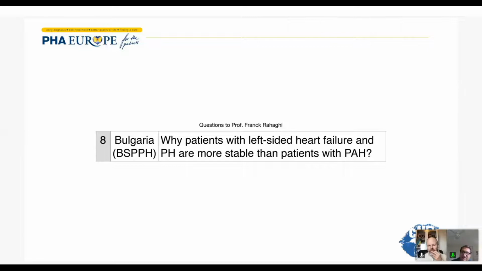Neither of these scenarios are as bad as the scenario where the lungs spontaneously decide to hurt you. So when you have PAH, a lot of times it's the lung itself that initiates the disease, and apparently it's more committed to make things go bad.